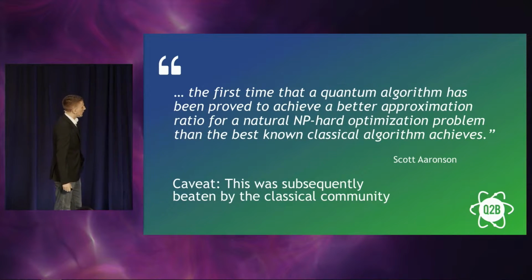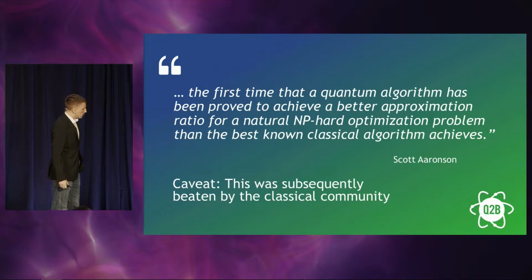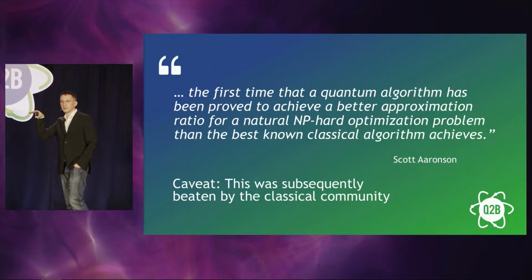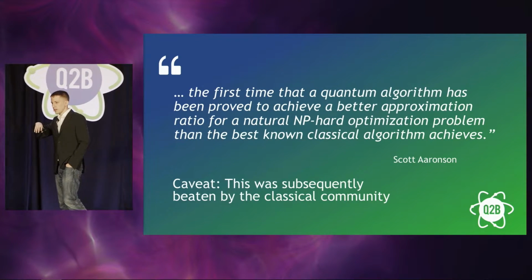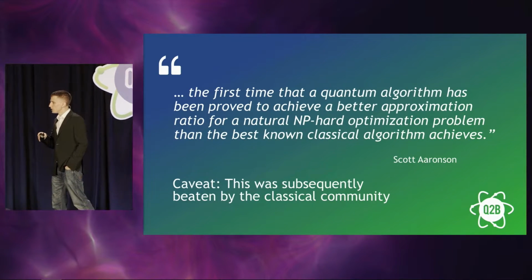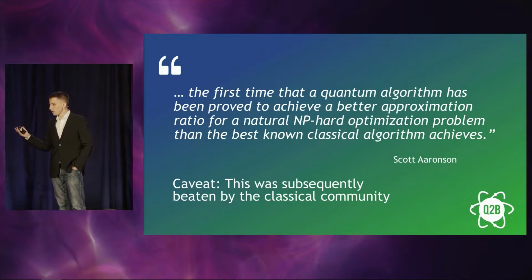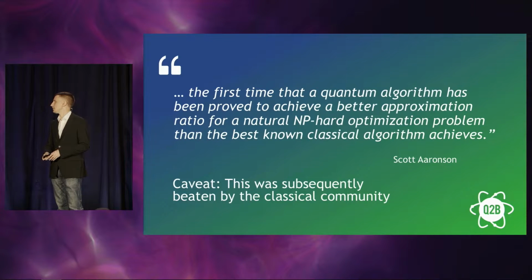Another thing is what Adam was mentioning before. Remember that there were a few categories in which he placed the different algorithms, and QAOA was in the one that said the performance was unknown. We don't know how well this performs compared to classical.